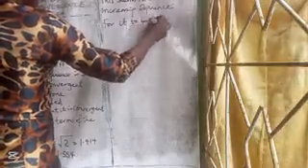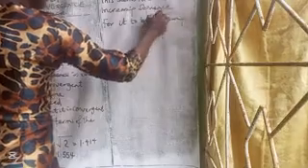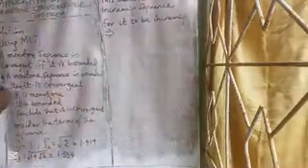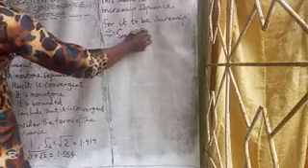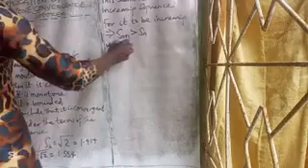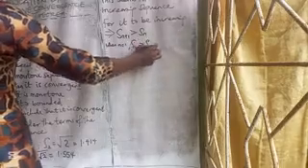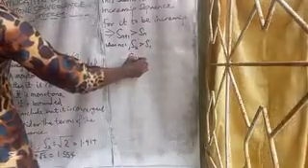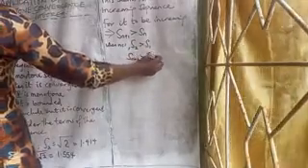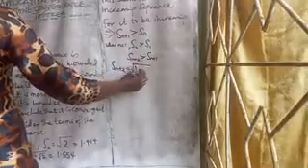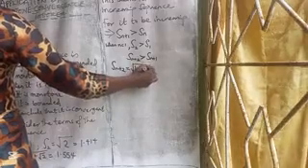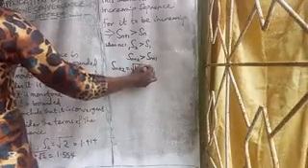For it to be increasing, then it implies that what? Sn plus 1 will be greater than Sn. When n is equal to 1, S2 is greater than S1. Sn plus 2 will be greater than Sn plus 1. But Sn plus 2 is equal to what? The square root of 1 plus the square root of Sn plus 1.